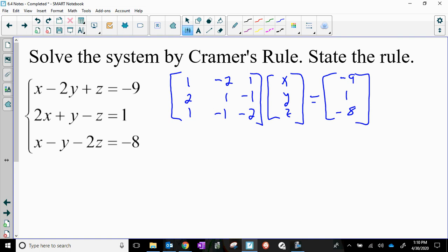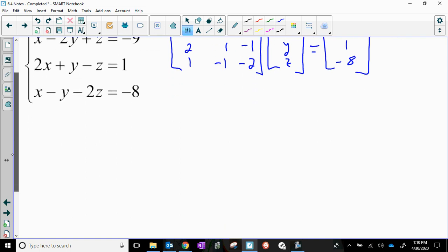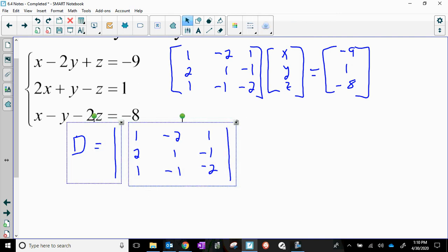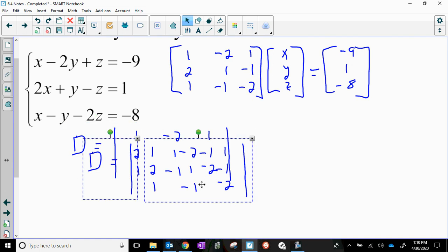And now we're going to set up D, Dx, Dy, Dz. So D would just be your coefficient matrix. And then you're going to do your Dx. So I'm just going to copy this.